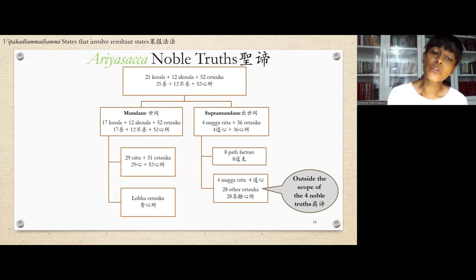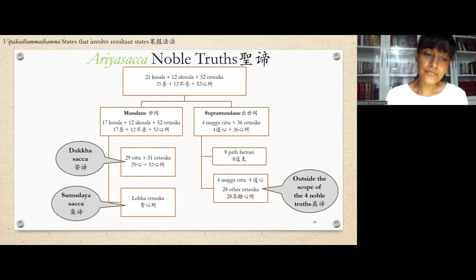Now what we are going to do is subdivide these mundane and supramundane categories under the 4 noble truths. Under mundane, the noble truths are dukkha sacca and samudaya sacca. Because there are lobha citta here, there is also lobha cetasika. So lobha cetasika will be samudaya sacca.